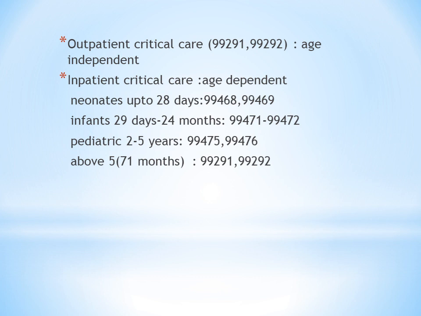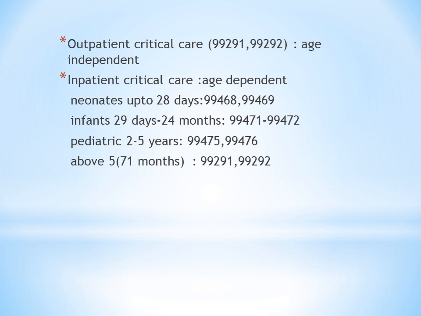Then the inpatient critical care is age dependent. If it is an admitted case, you have to look at the age. From birth up to 28 days, the codes are 99468 and 99469.